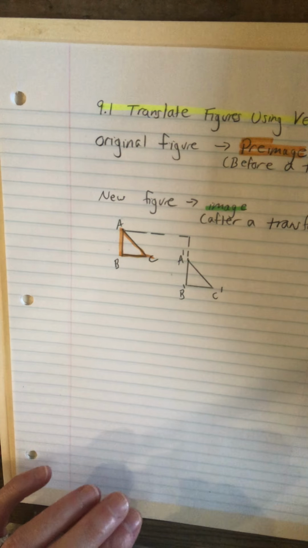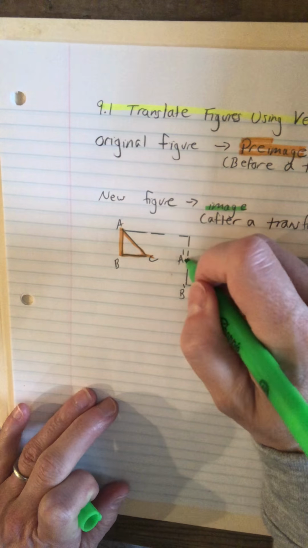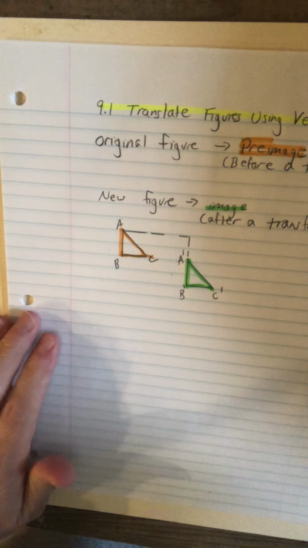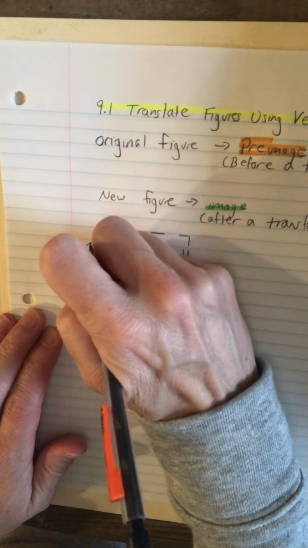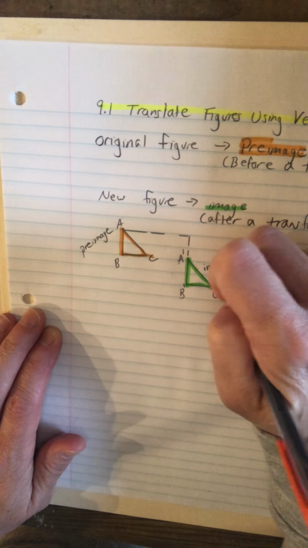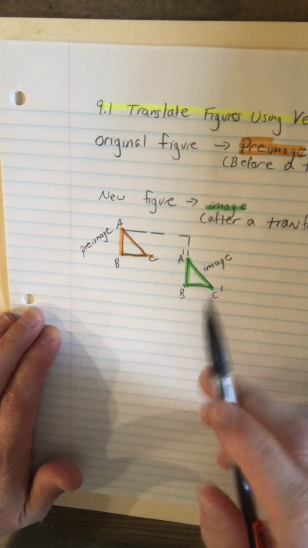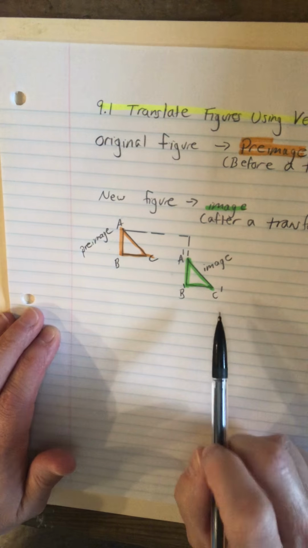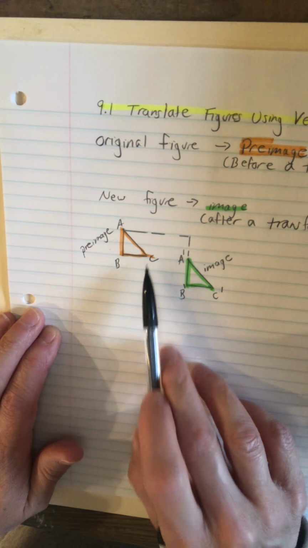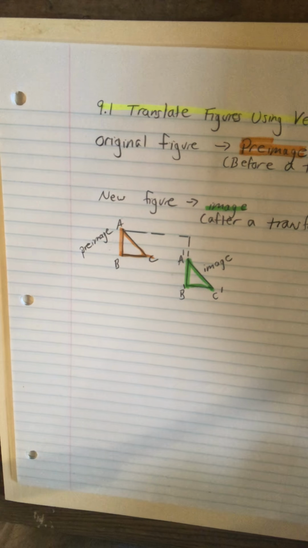That new figure will be my image. So here I have my pre-image, and here I have my image. And in the image, you're going to use the primes to identify the corresponding parts, like A corresponds to A prime, B corresponds to B prime, C corresponds with C prime.